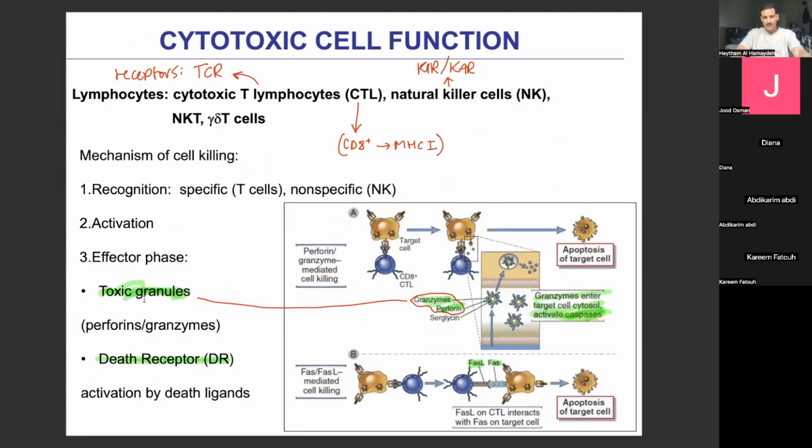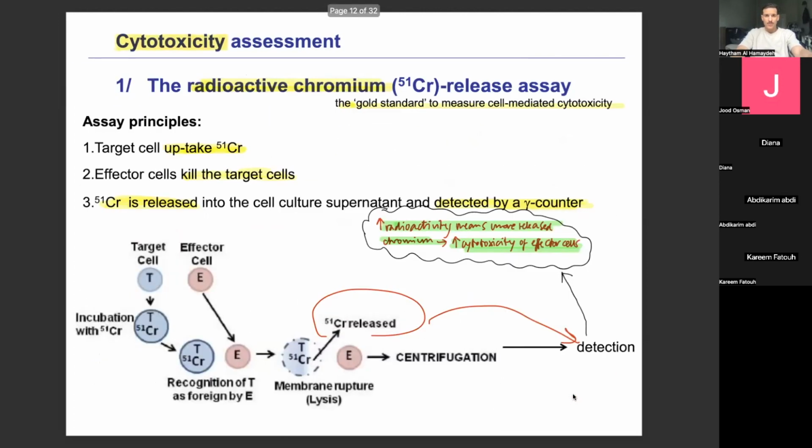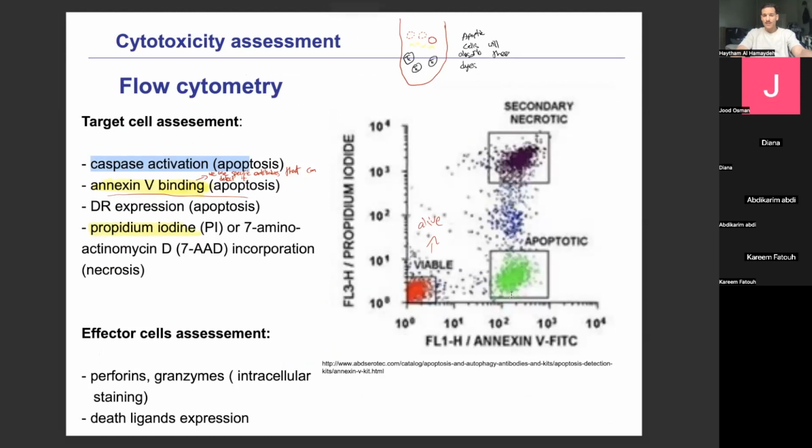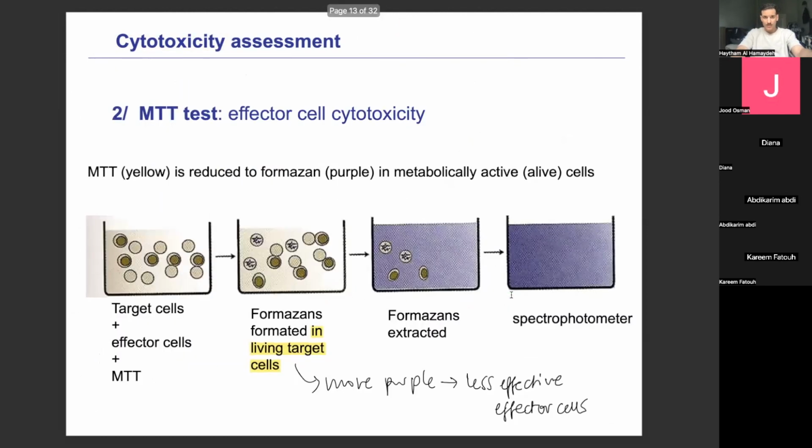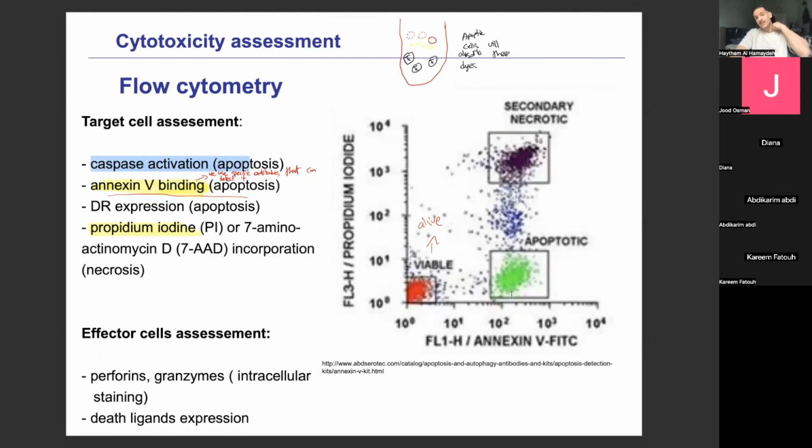Using effector cells, they do their function by toxic granules and death receptors. Both of those things activate caspase to cause apoptosis. And so flow cytometry is the third way to detect even more specific cell killing, because it can differentiate whether cells are dying because of apoptosis or because of necrosis.